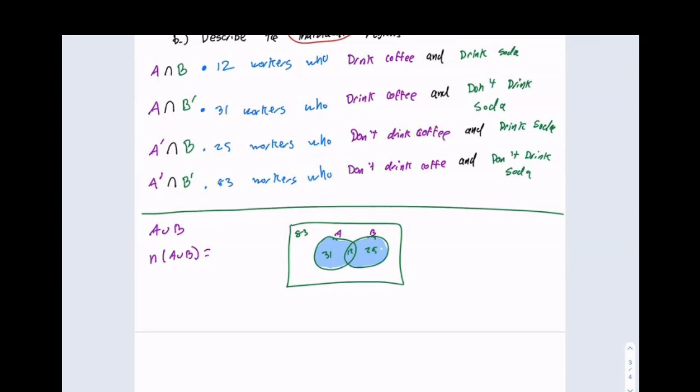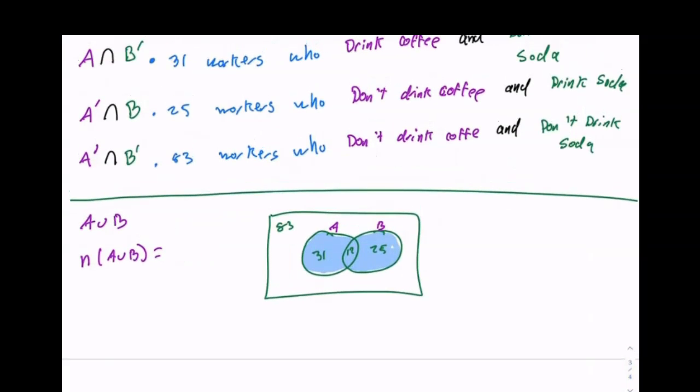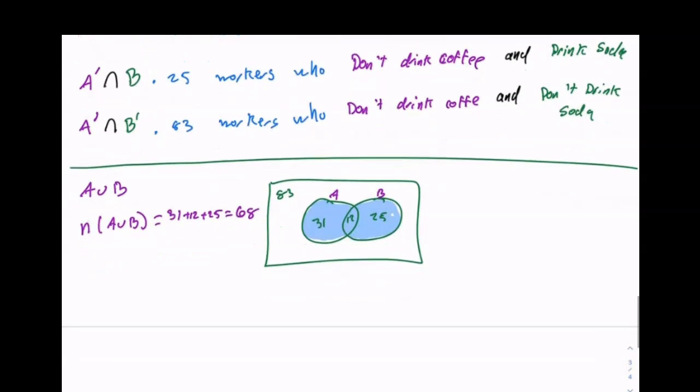So that's, and 83. No, 83 is not shaded. So what is the cardinality of A union B? Hold on. 31 plus 12 plus 25 is 68. Very good.